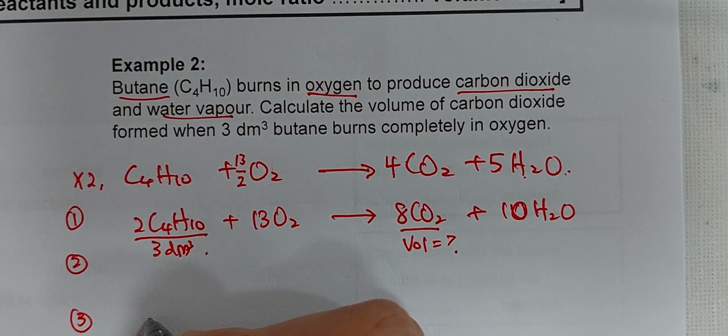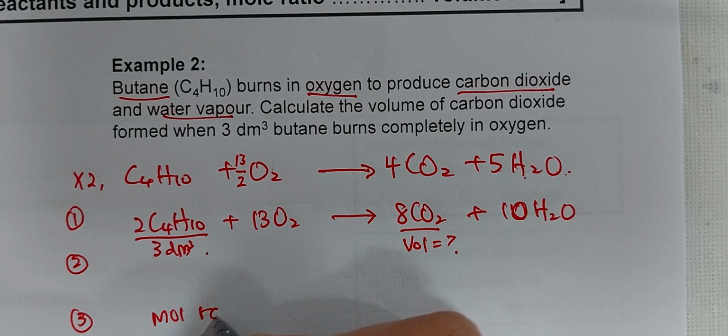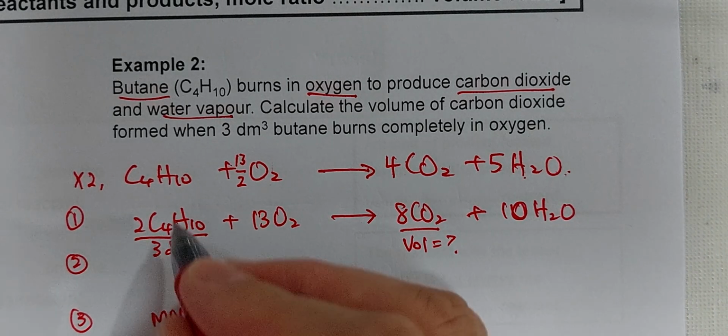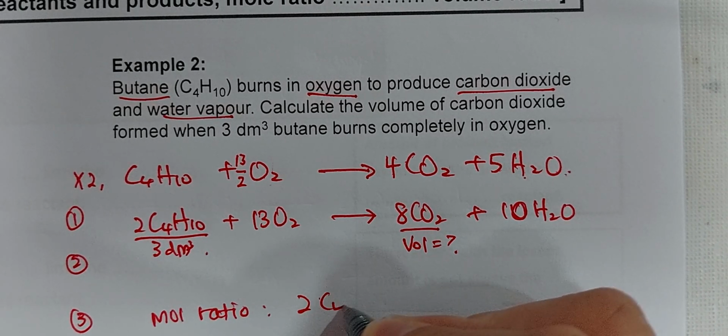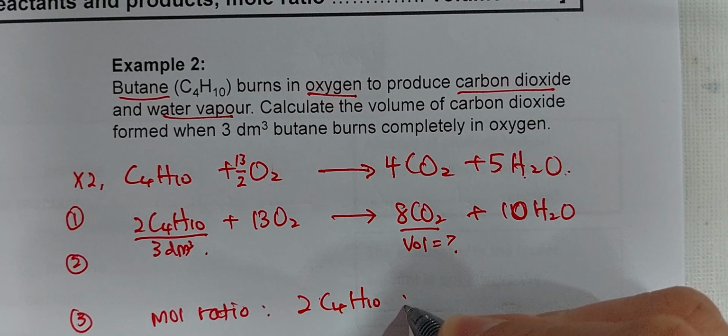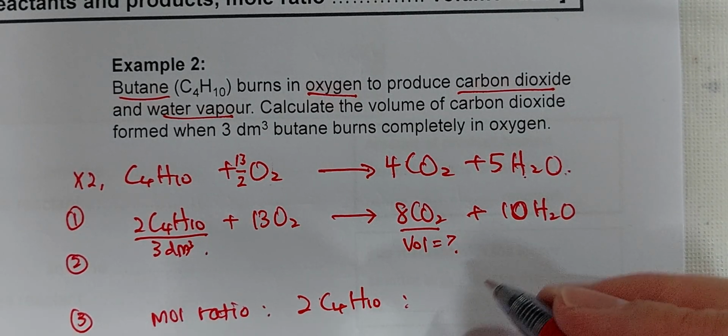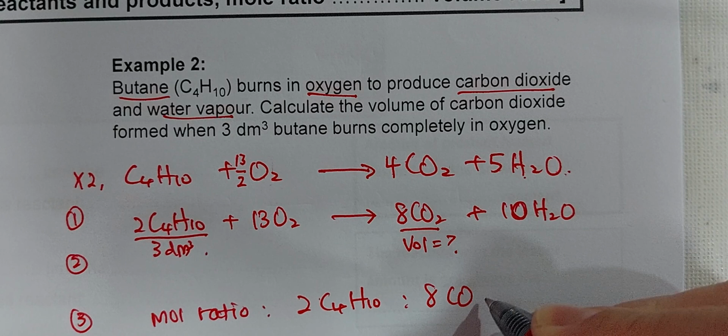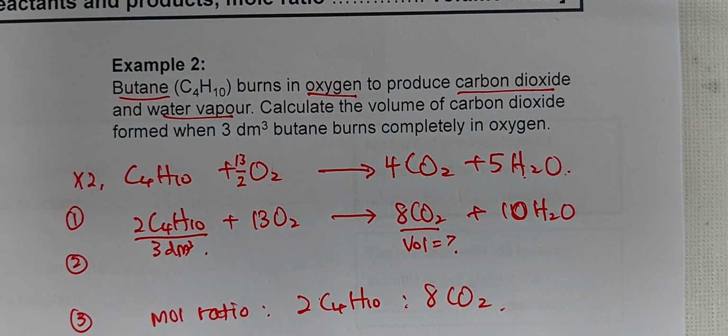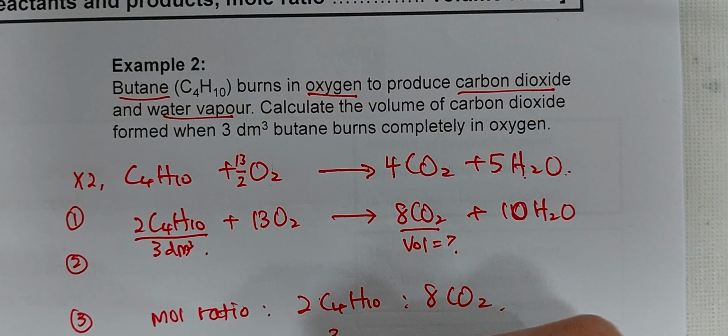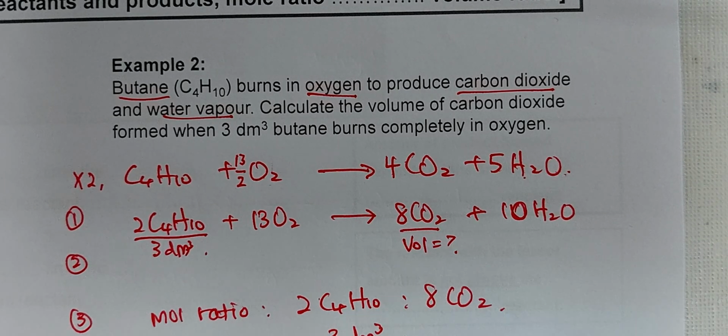Third step, mole ratio. What is the mole ratio? The mole ratio is between butane, which is 2 mole, and carbon dioxide, which is 8 mole. Mole ratio equals volume ratio, right? So you can write the volume here, 3 dm cube. 2:8, isn't it the same as 1:4?